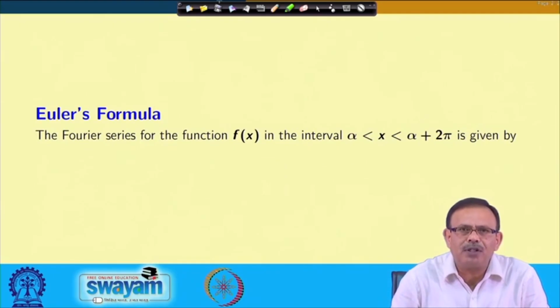Now, for the Fourier series, we take a formula which we call Euler's formula.